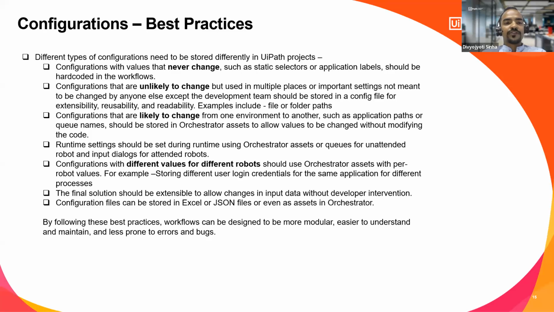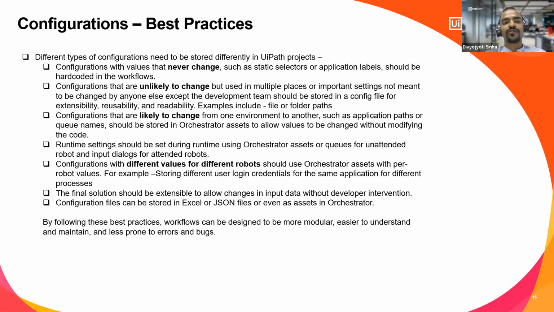Next, as part of the configurations, we should also focus on some of the configurations, like credentials, the file path while reading any particular file, or URLs while navigating to any particular web application. Those you can store as part of the configurations.